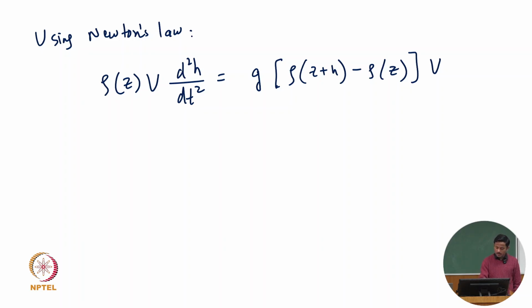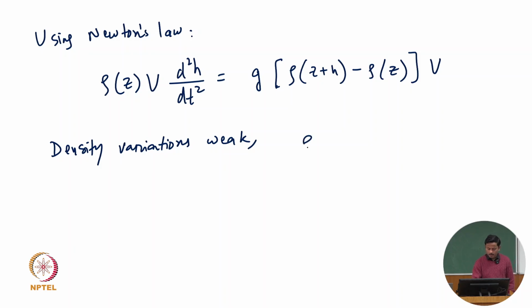So as the density variations are weak, we replace ρ(z) by ρ₀. We assume that the density remains constant; we can replace the variation of density with z by just a reference value, ρ₀.